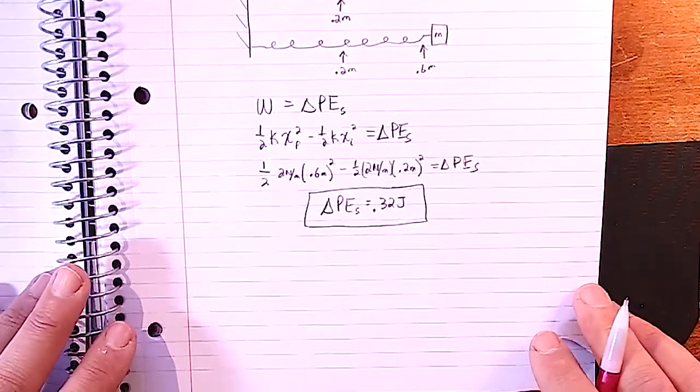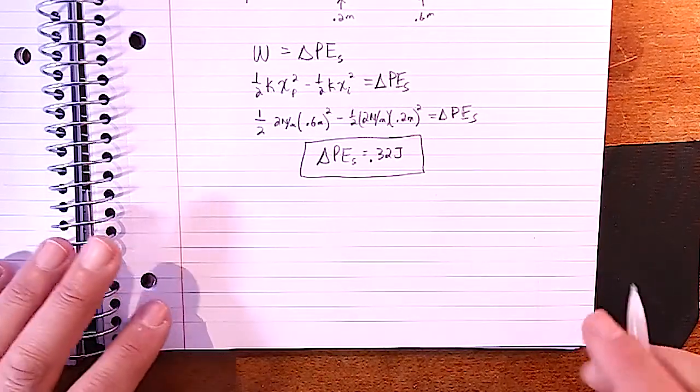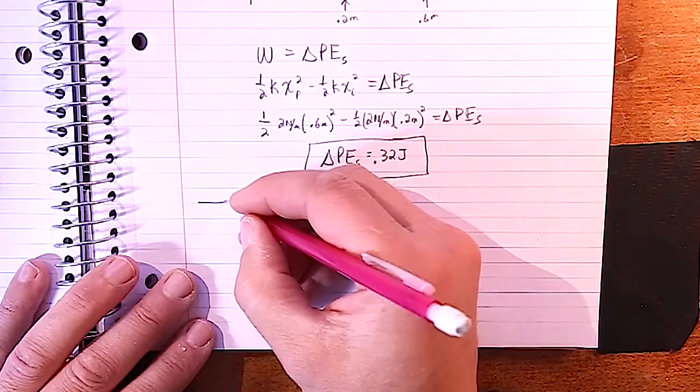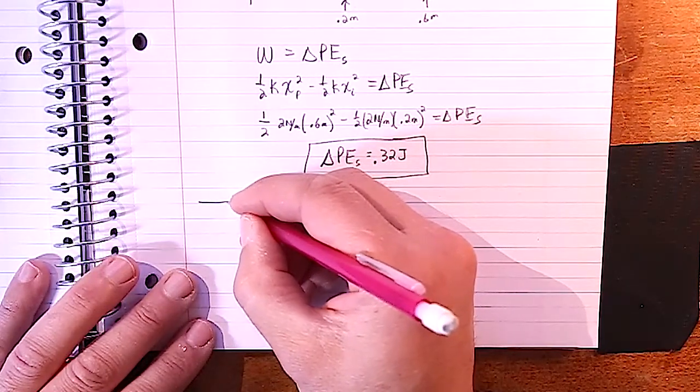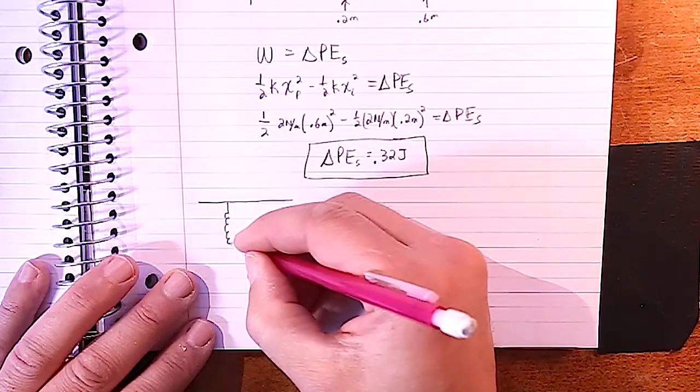Now, here's another type of problem that's given, and sometimes this is done actually as a lab, which is to ask you to find the spring potential energy gained when we hang a mass on a spring.